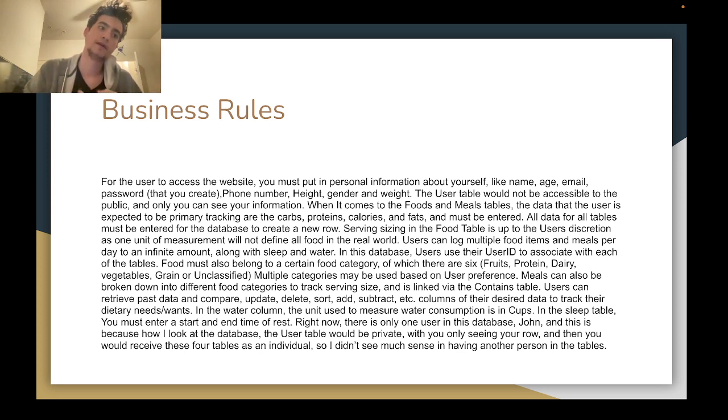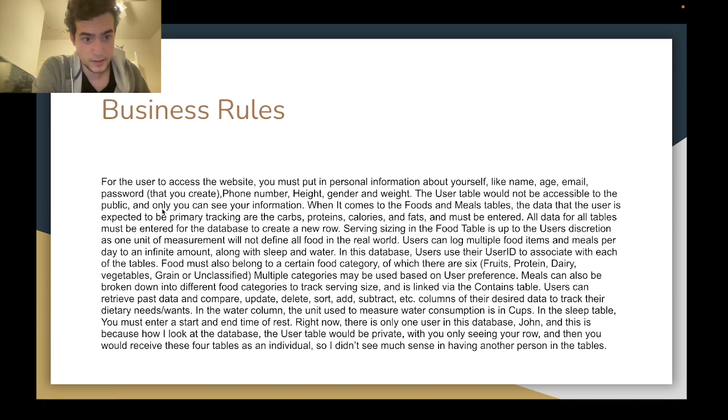So if you're a user, you won't be able to see other users' name, email, age, all that. The thought behind this is you would create one row, and you would only see that one row of information in your table, and then you would get the other 5 tables to work with, to track your individual dietary needs.